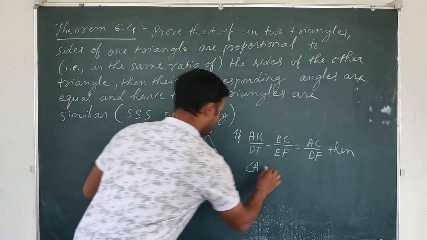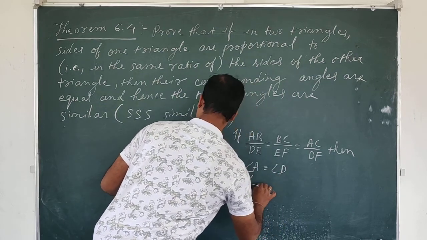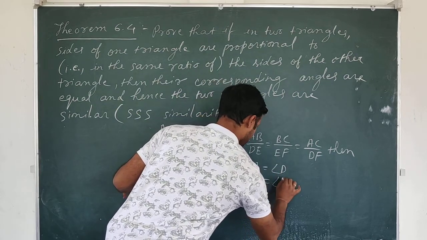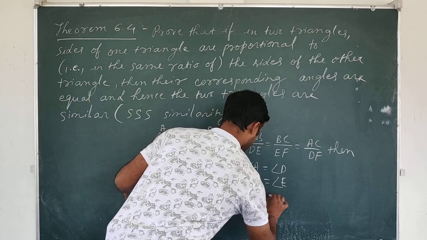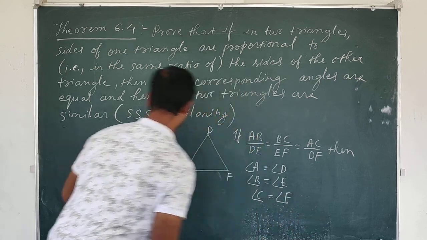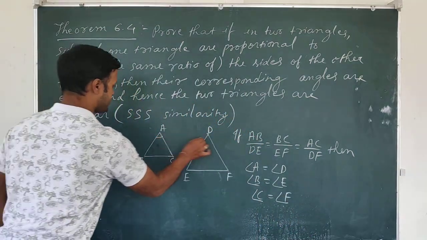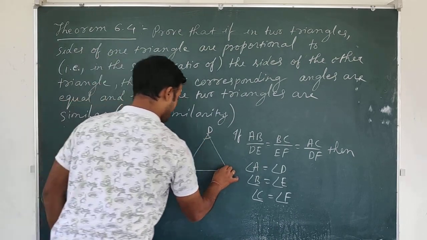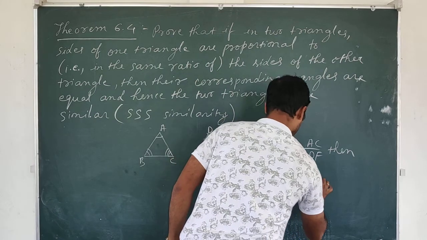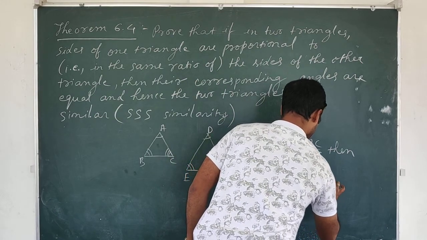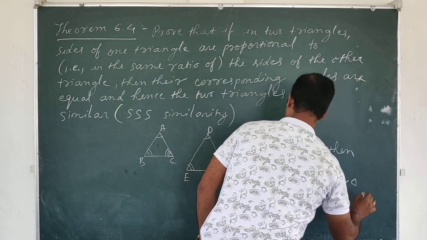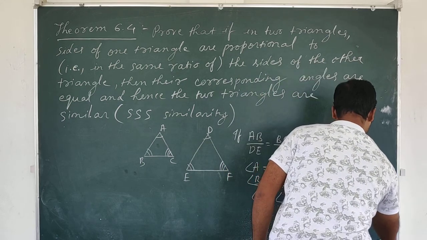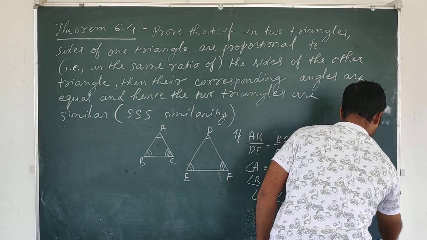That means angle A will be equal to angle D, angle B will be equal to angle E, and angle C will be equal to angle F. And therefore, the two triangles ABC and DEF will be similar according to side.